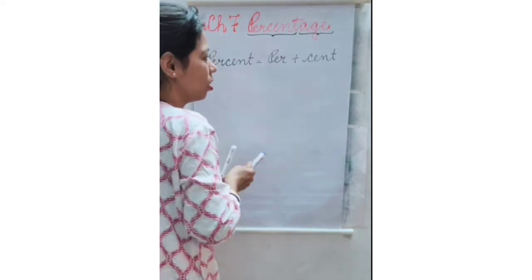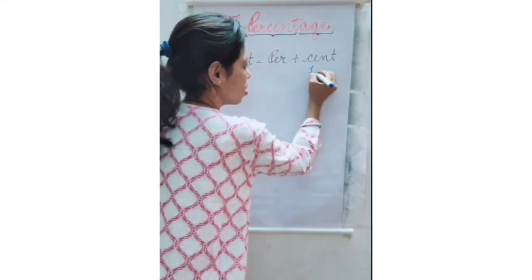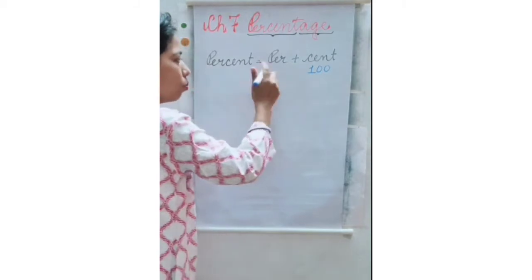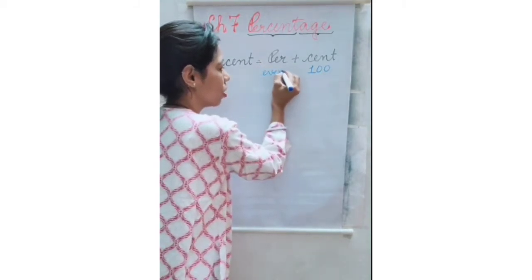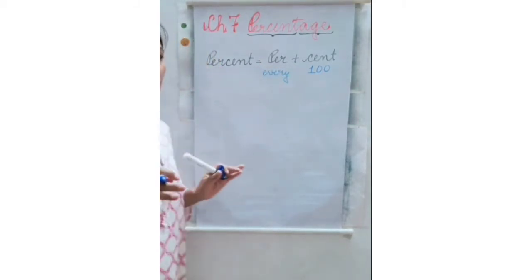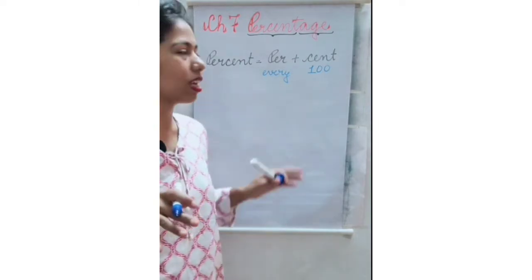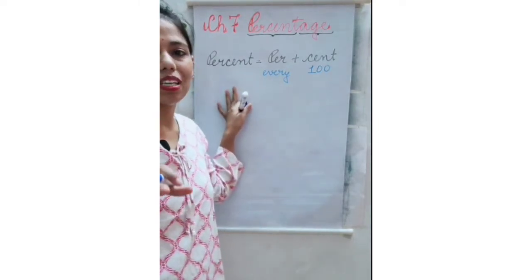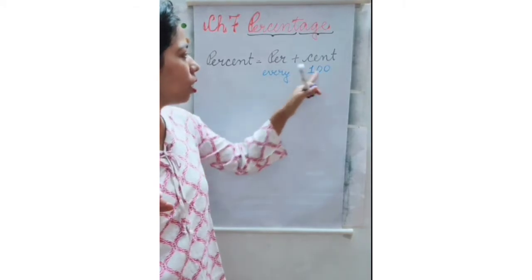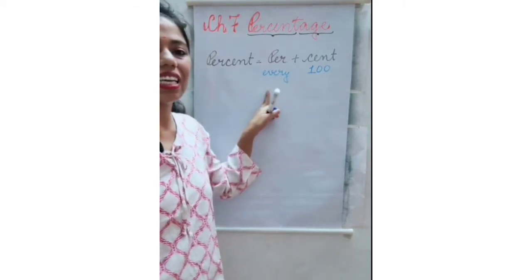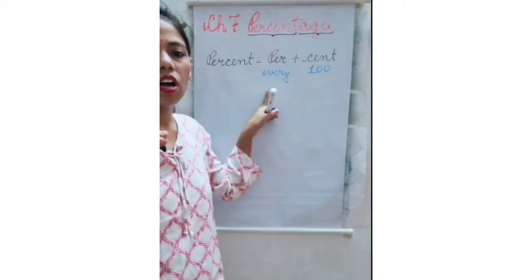Here cent means 100 and per means every. Every part of 100. So percent means per 100, or we can say every part of 100.